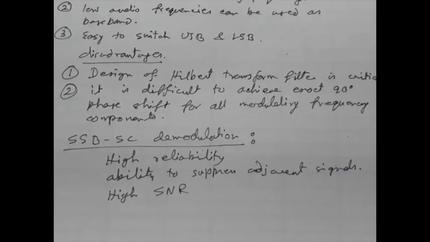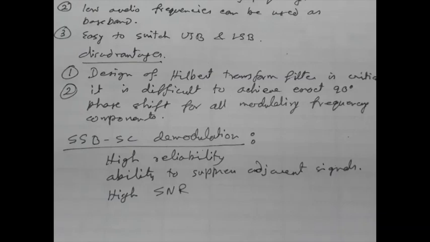Now in previous days class we have already seen that the double sideband suppressed carrier demodulation can be done with two methods. One is the synchronous detection technique, another is called the carrier reinsertion technique, which is almost identical to the synchronous detector, because we have to generate the carrier locally, and that locally generated carrier must be well synchronized with the incoming carrier frequency.